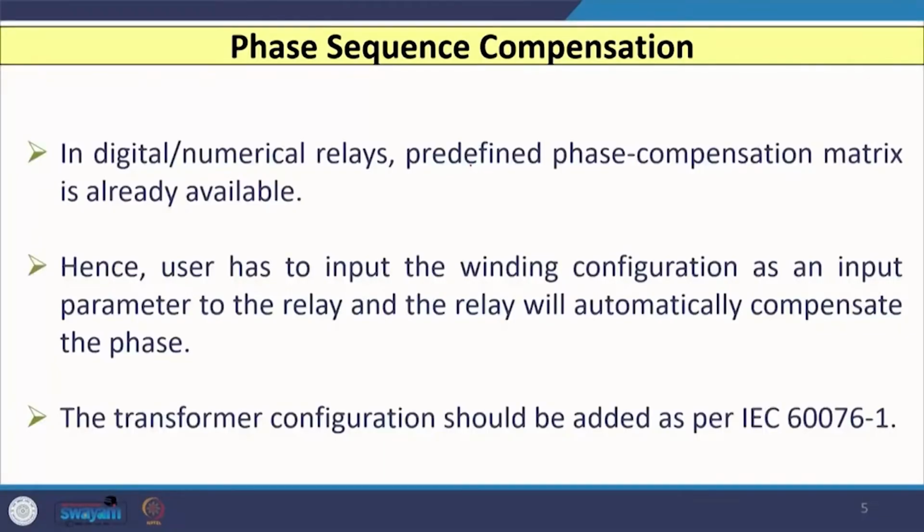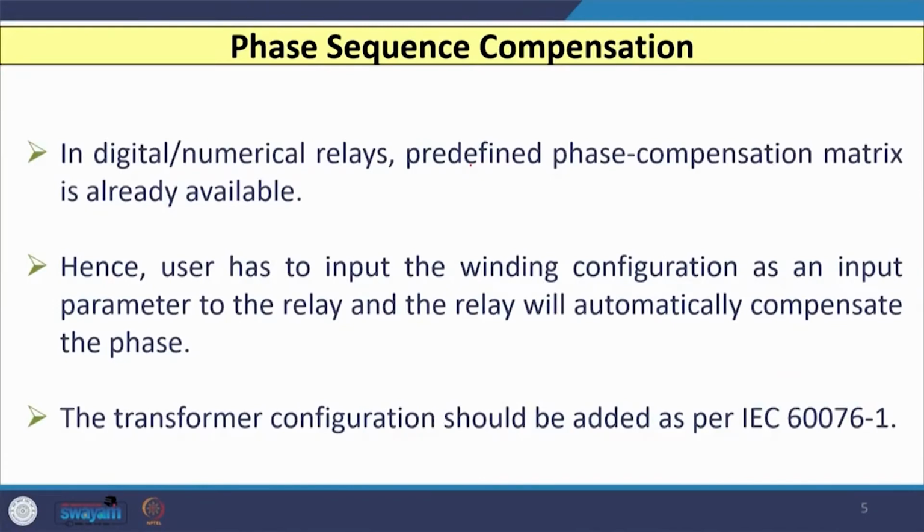Now, when we consider any digital relay or numerical relay, most of the users, utilities or manufacturers will provide a phase sequence matrix depending upon the vector group or winding connection.